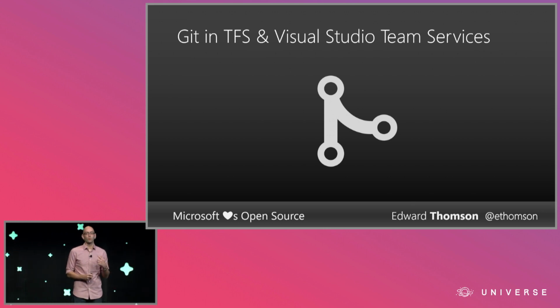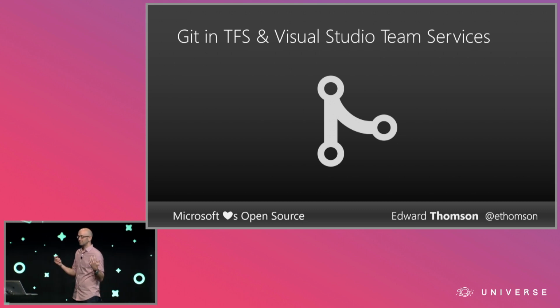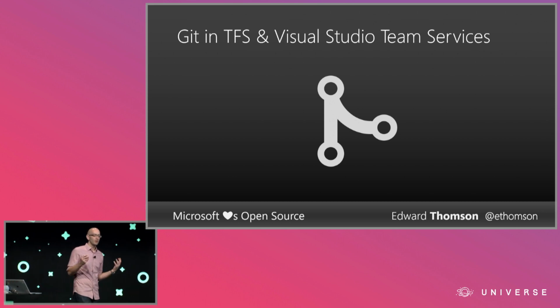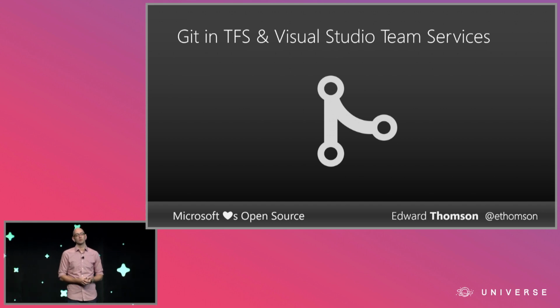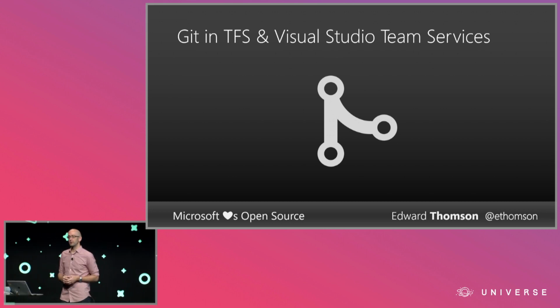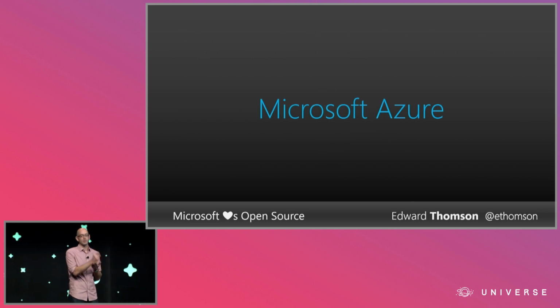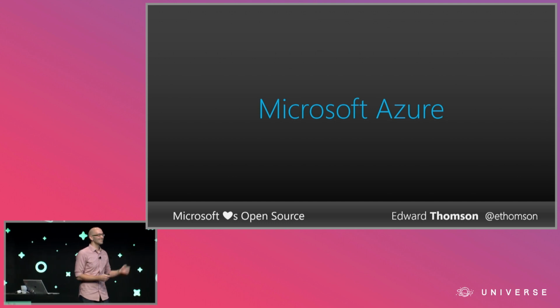The problem with putting Git into all of these places is that they were all kind of established technologies. So we'd already built an architecture on Team Foundation Server around Microsoft SQL Server. And we were building our architecture for Visual Studio Team Services on top of Microsoft Azure. So Azure Blob Storage and SQL Azure. Now, if you want to host a Git repository, this isn't the way to do it.